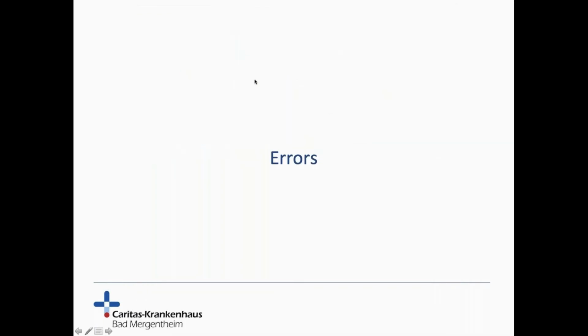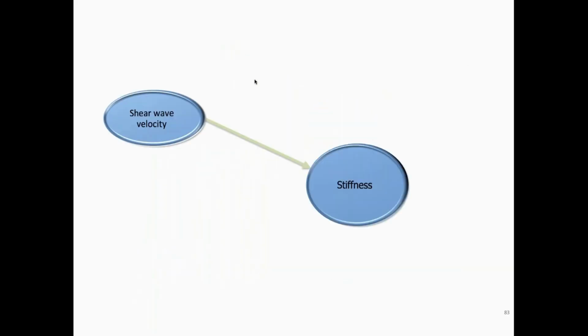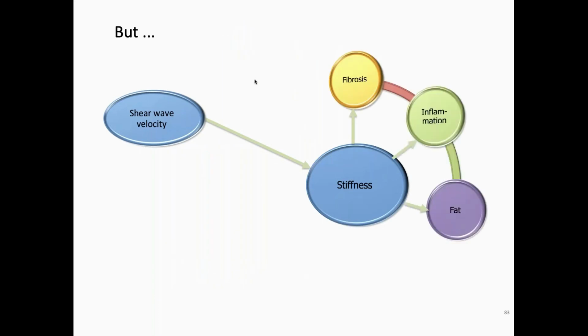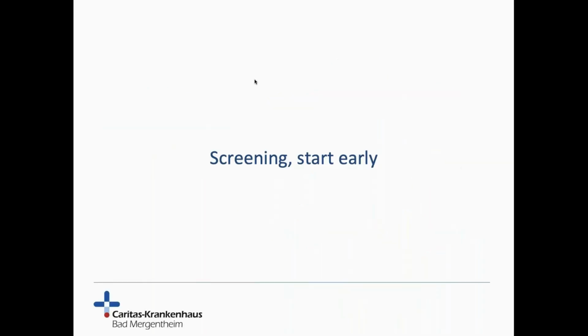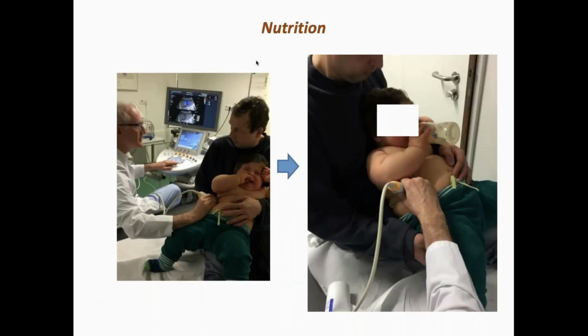And errors: we have to look for stiffness due to fibrosis, but also inflammation, nutrition, cardiovascular disease, congestive heart failure, body position, and others have to be taken into account. Screening, let us start early. This is a baby less than 1 year, 3.5 kilos. You can't even believe it.